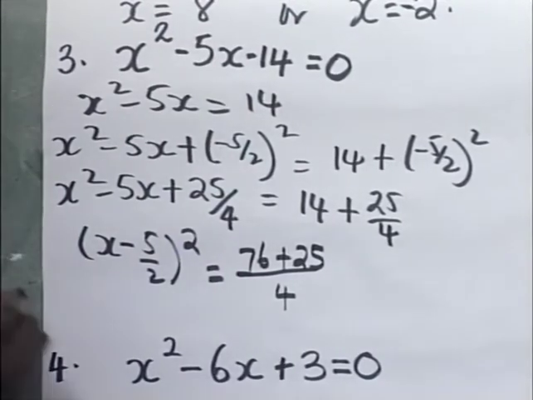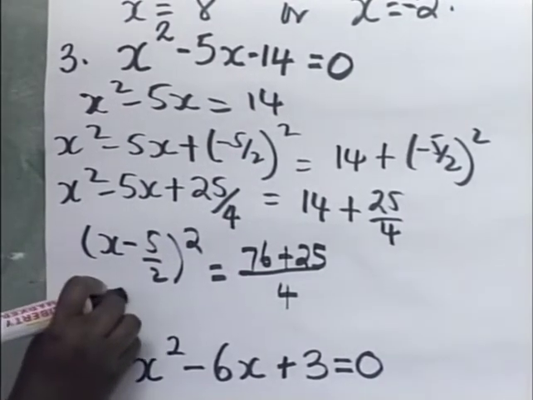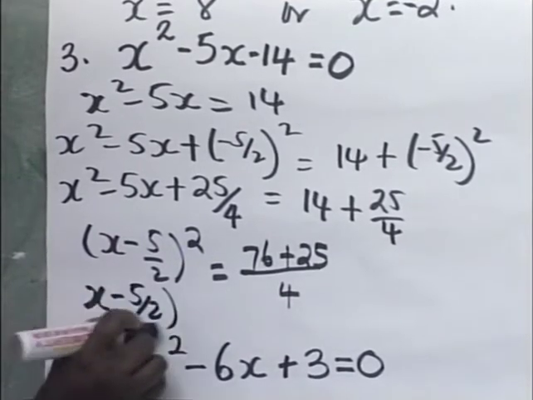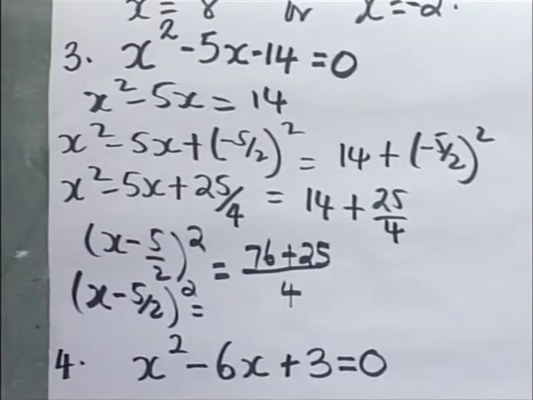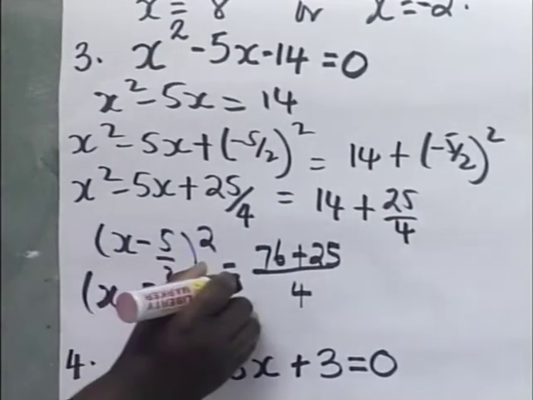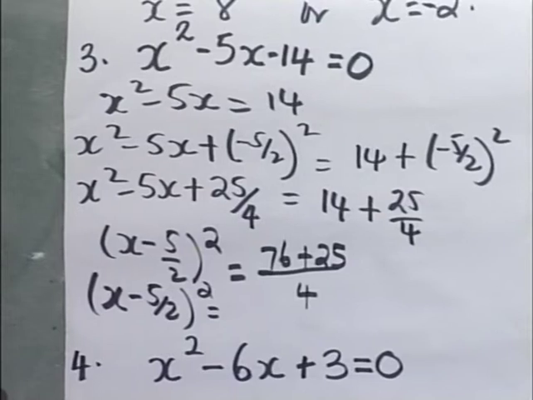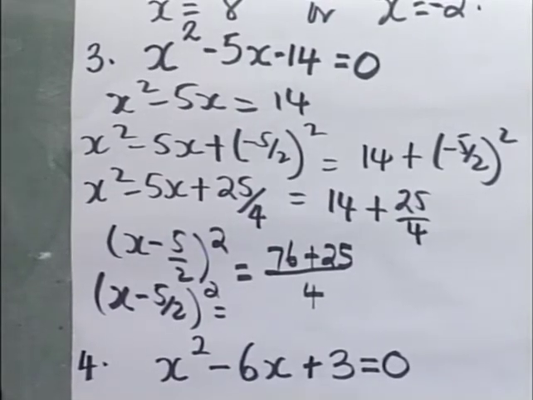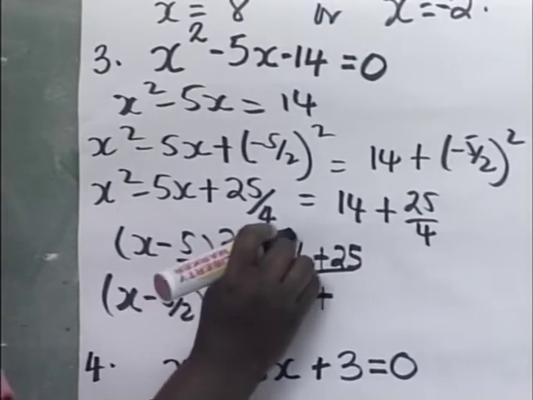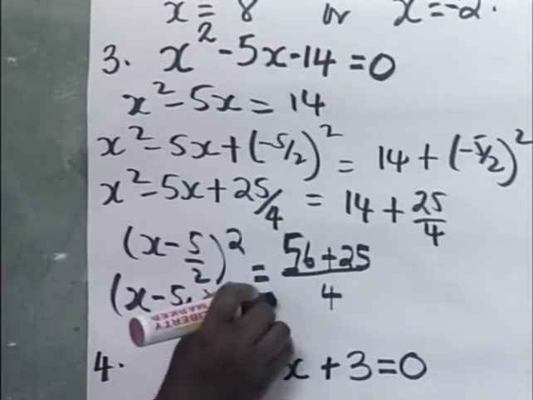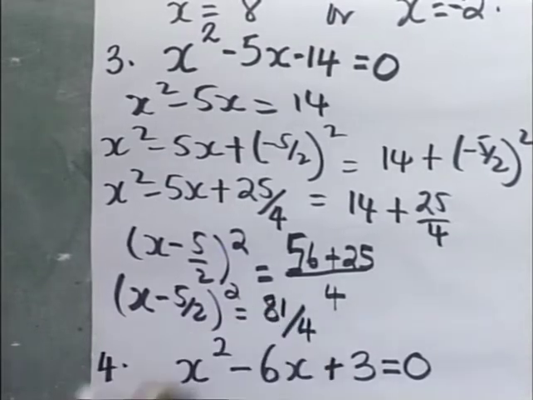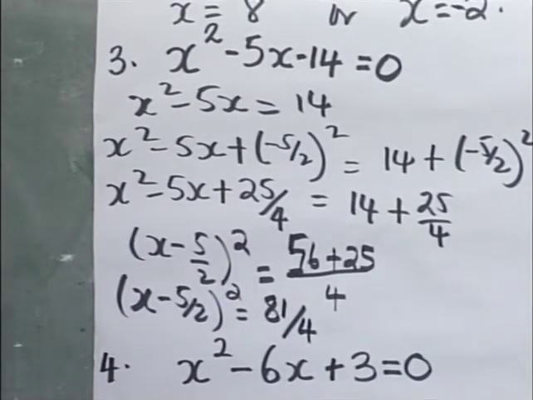Okay, which is x minus 5 on 2 squared is equal to 56 plus 25 is, what's this? Is it 76? Oh, sorry. 56. 56 plus 25 is 81. Okay, that's 81 on 4.